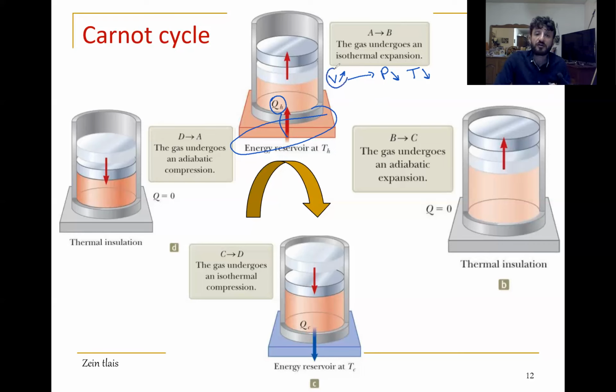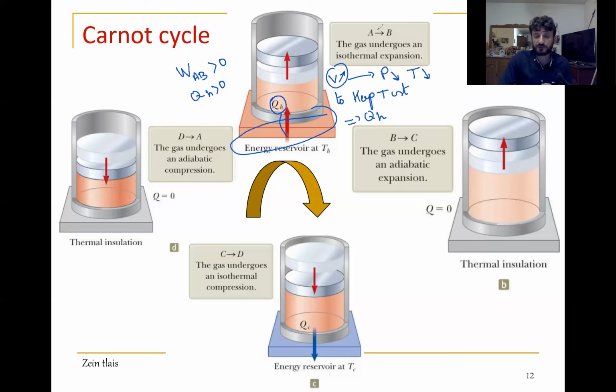So the volume increases, P decreases, T decreases. To keep T constant, we add Q hot. So from A to B, we increase the volume, so the work AB must be positive, and we have Q hot, which is positive.